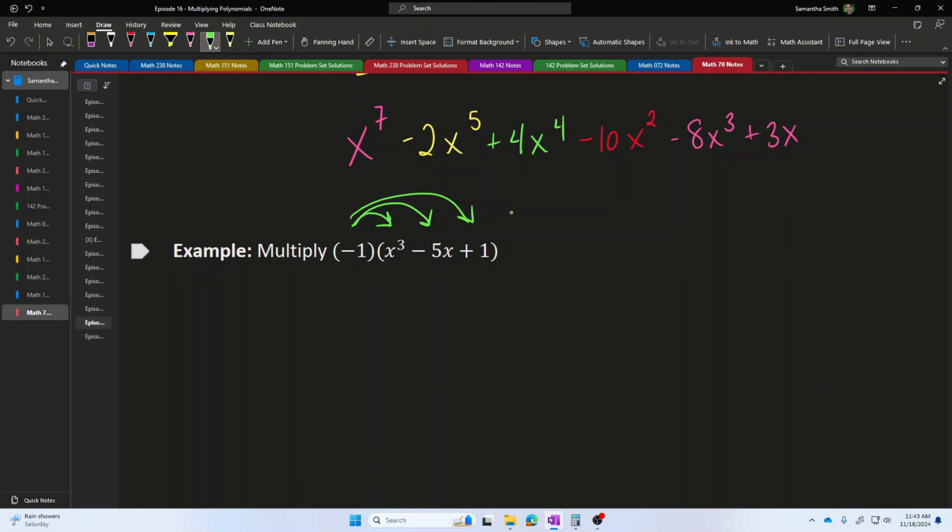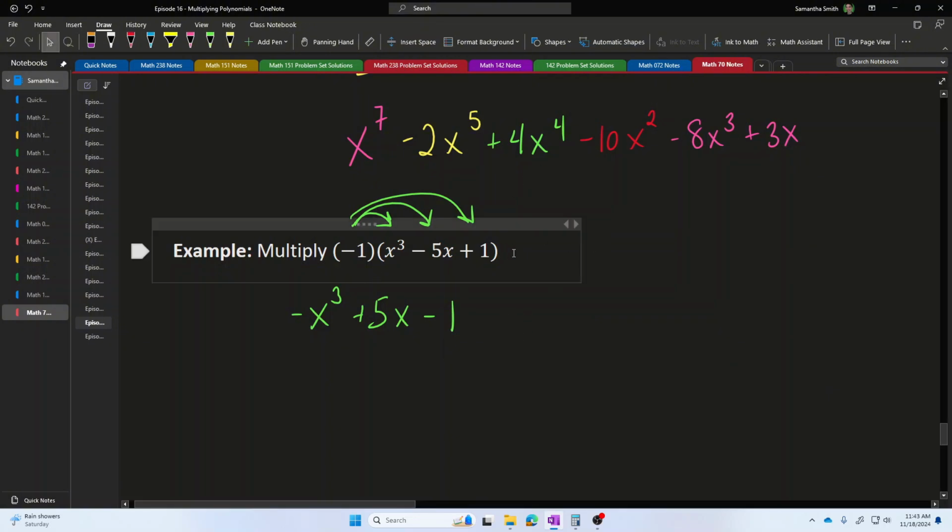So negative 1 multiplied by x cubed just turns that into the opposite. Negative 1 times negative 5x just turns that into the opposite. And negative 1 times positive 1 will just turn that into the opposite. So multiplying by negative 1 just turns the whole polynomial into its opposite and changes the sign of each of the terms one by one.